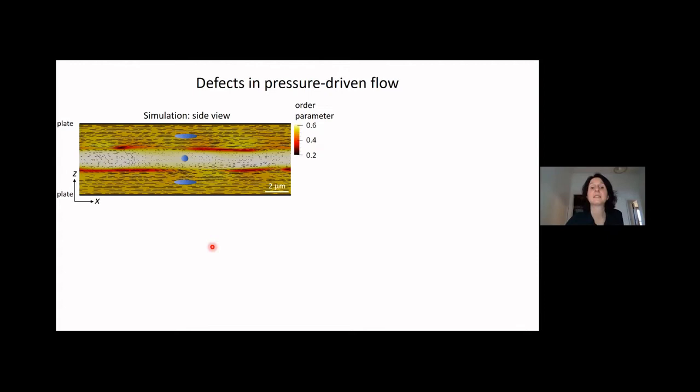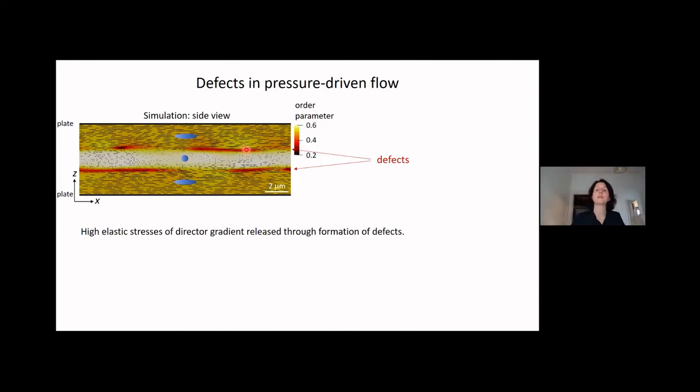We see that the directors are aligned in the flow direction close to the two walls, but they adopt this log rolling state in the center of the plates. And so at the boundaries between these very frustrated regimes, we then see the defects emerge, which are these red regions here that denote the low order parameter in the system.